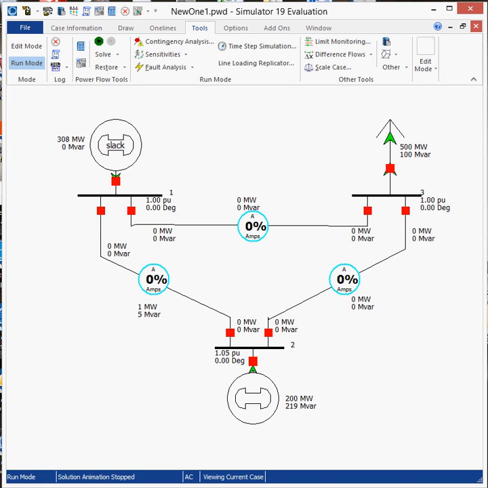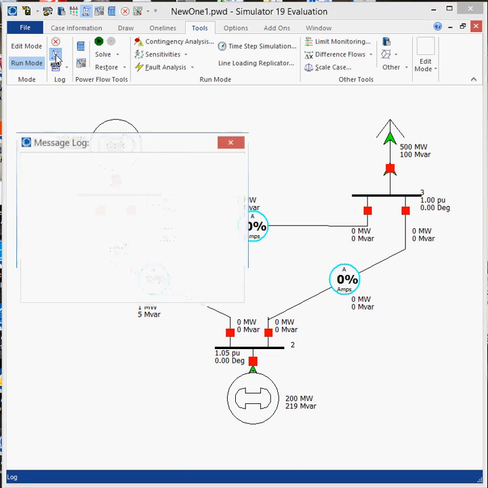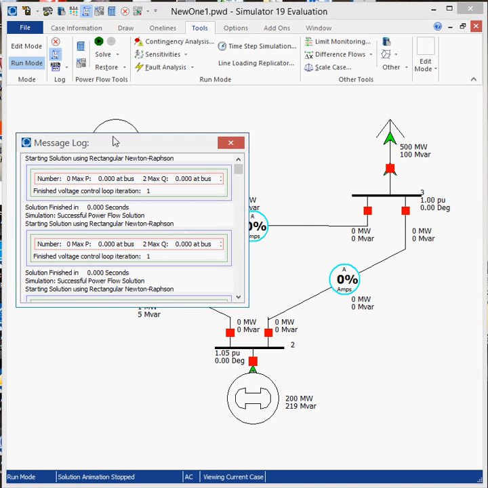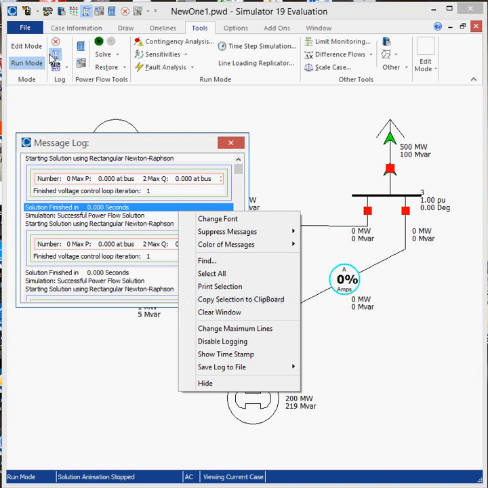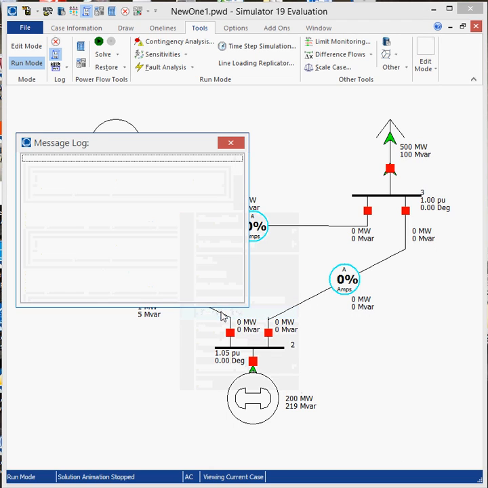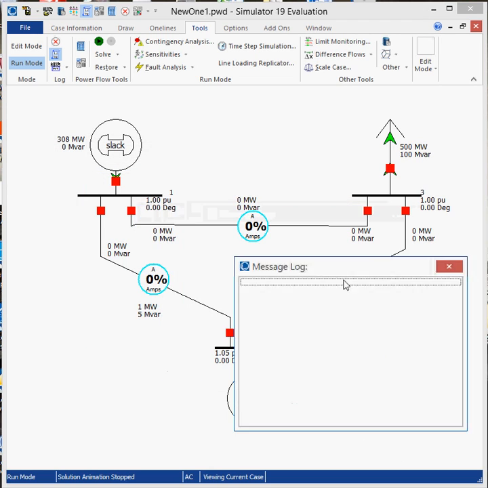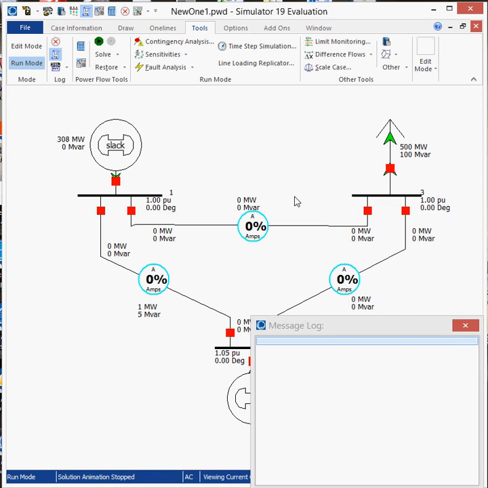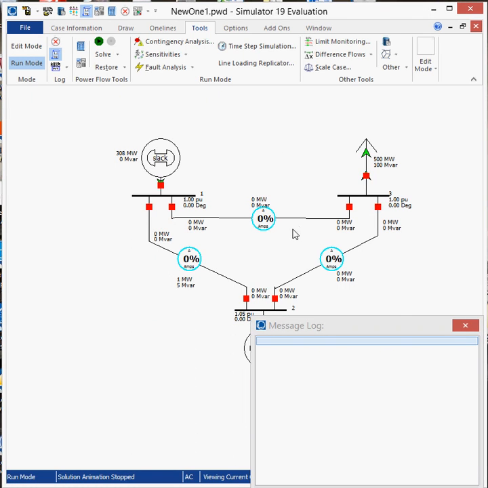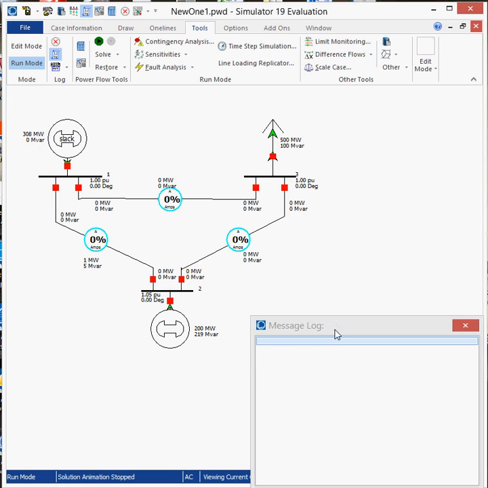Okay, so you can display the log message. So clear all the windows and then try to make it smaller.